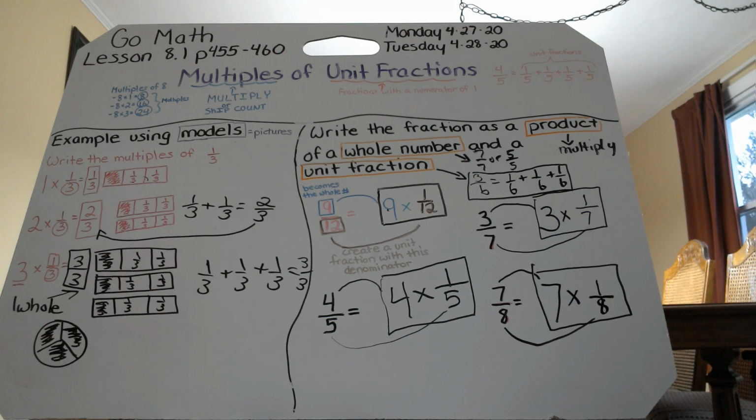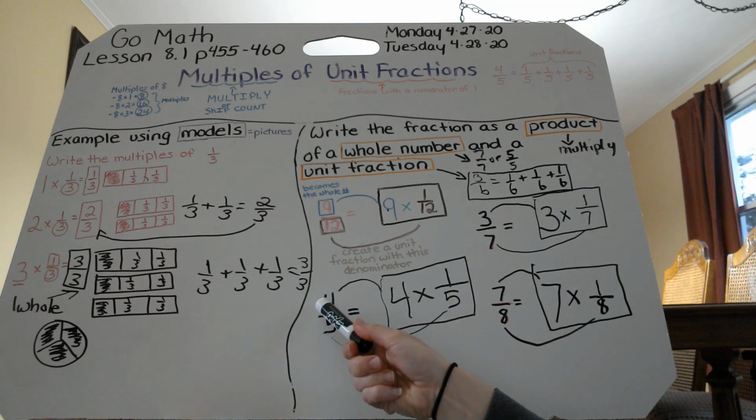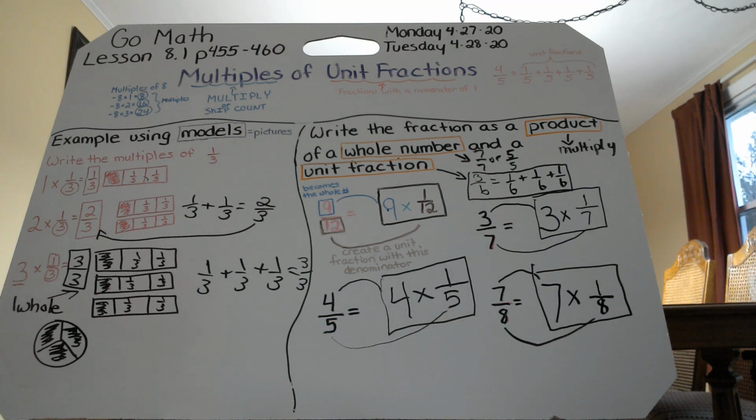So just as a review, when we are taking a fraction and writing it as a product of a whole number and a unit fraction, we take our numerator, which is our top number, we fly it over and it becomes our whole number.